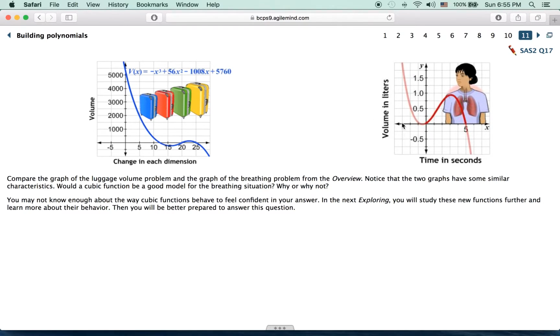A cubic polynomial has, at most, two local minima or maxima. Alright, so here we see a dip down and here we see a dip up. This is one less than the degree of the polynomial, and that's a general finding. So we're going to go over that and other characteristics of polynomials next.